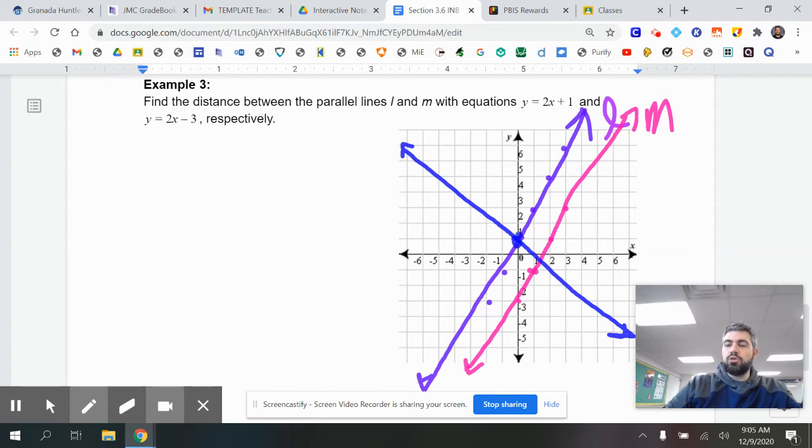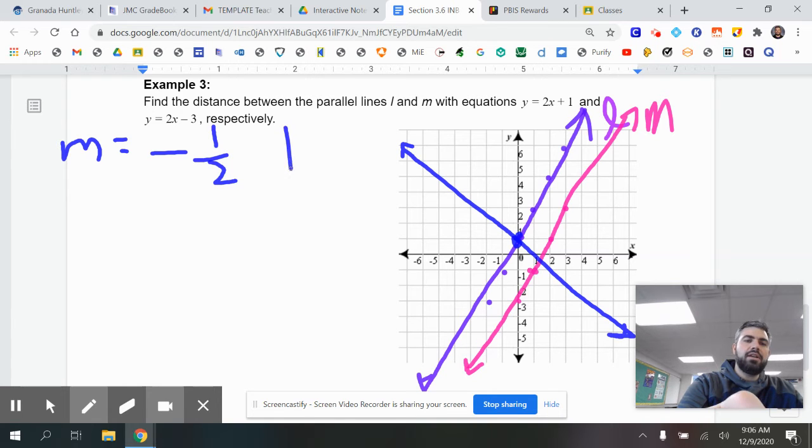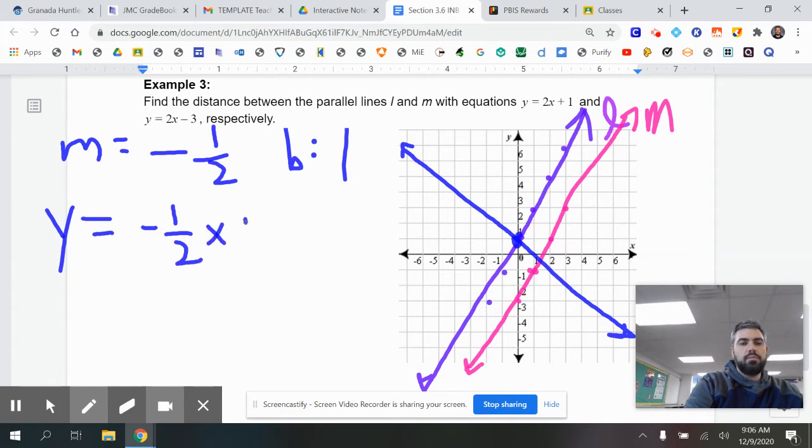L and M both have a slope of 2, so my perpendicular line is going to be opposite, so negative, and reciprocal: 2 over 1 flipped is 1/2, okay? And our b, our y-intercept, is positive 1. So our new line, our blue line, is going to be negative 1/2 x plus 1. There it is right there.